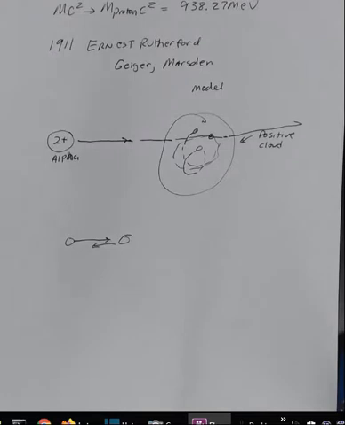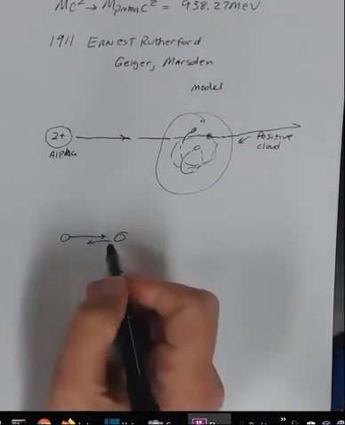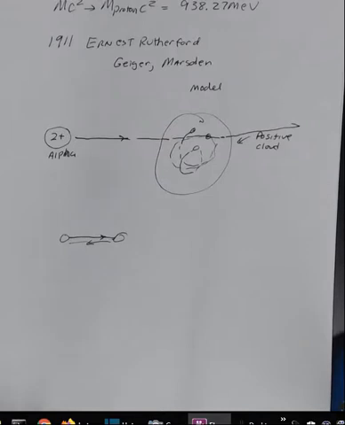I thought we should take a minute to use that to estimate how big a nucleus might be, because that just gives you your first idea of the nucleus. So let's see how close this alpha particle should get to the nucleus, and we can use that as an estimate for the size of the nucleus.